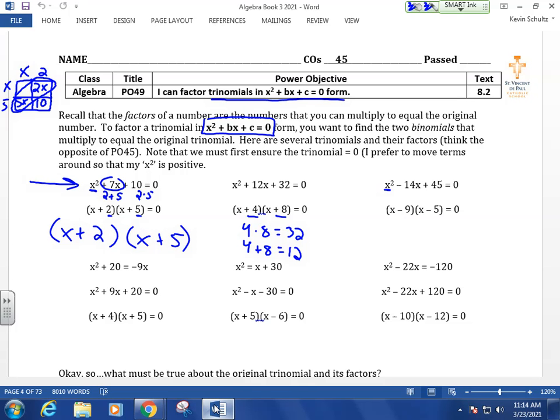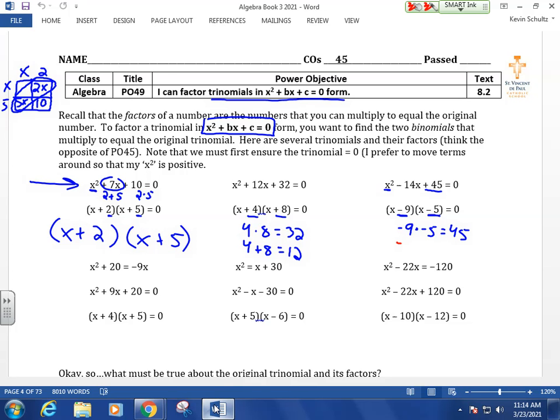Let's look at the third one. X minus 9 times x minus 5. Does negative 9 times negative 5, notice I'm including those signs, equal a positive 45? Yeah.